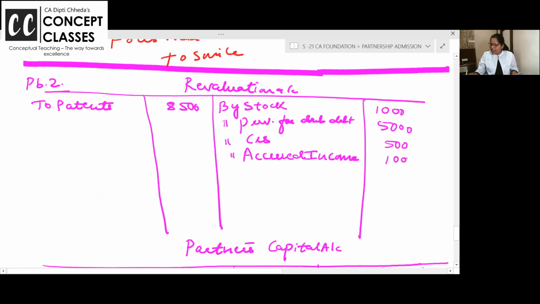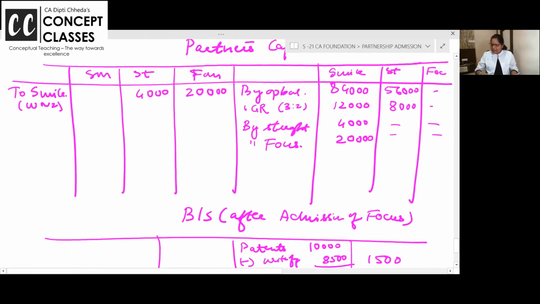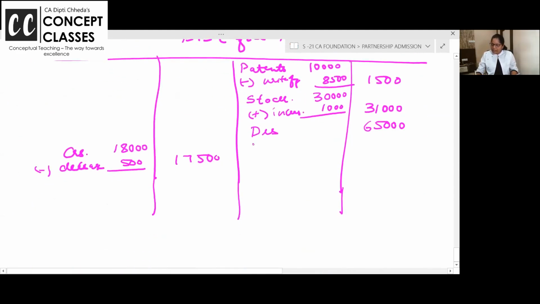How much accrued income? 1,000. Income is there, so if you credit in revaluation, the profit will go to partners. But don't add in bank. Just write on the asset side. Accrued income 1,000. I'm explaining quite in depth so that you follow. Still not clear? Ask me.